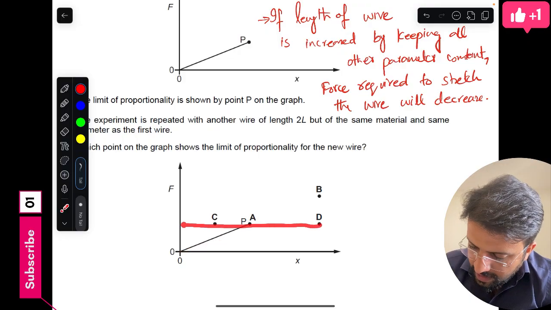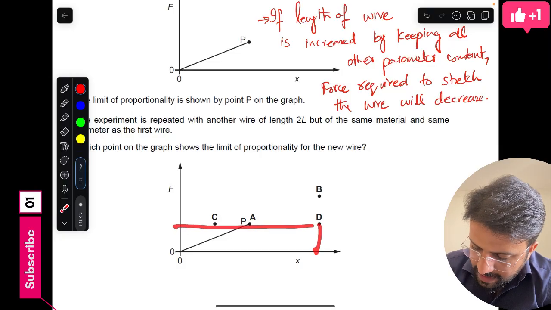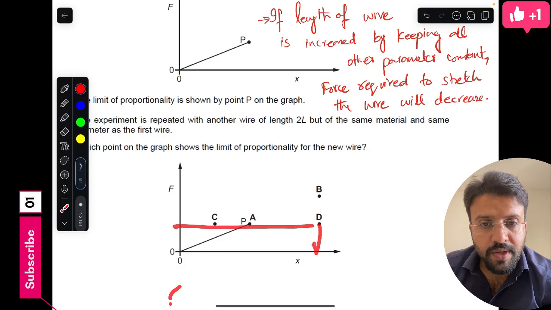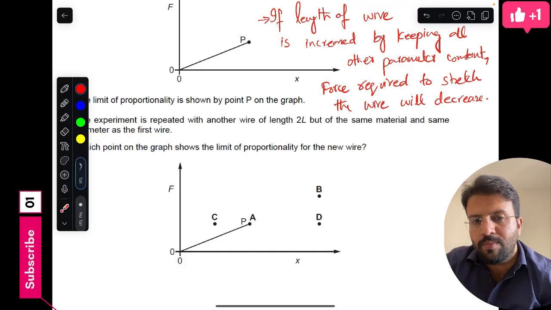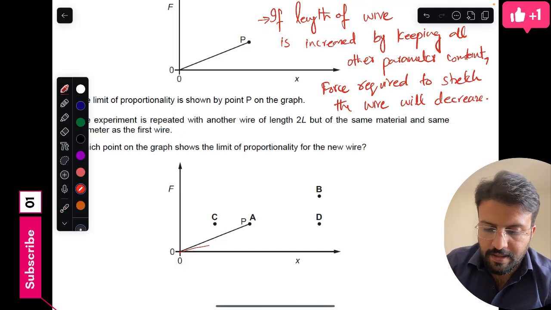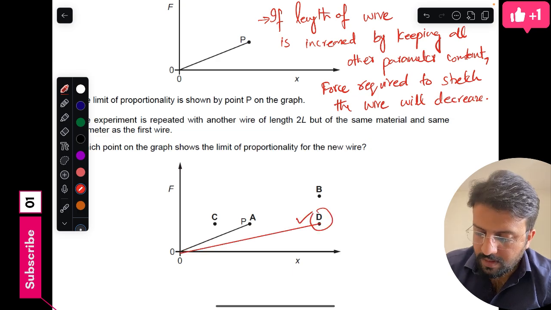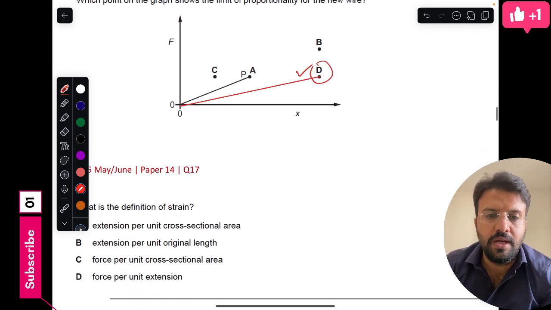If you see at point D, you need less force or almost equal force as A, but extension is more. So less force is producing more extension when the length is increased. So this is the correct option. Okay, this one is the correct option, D.